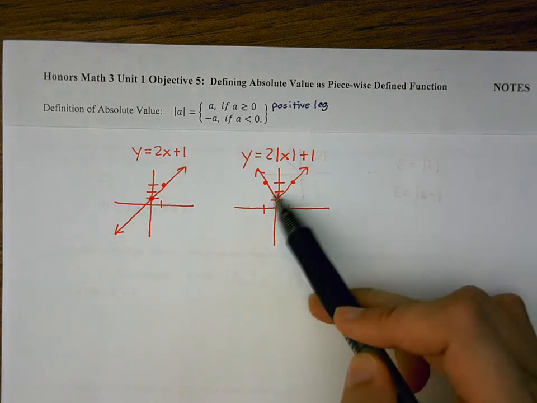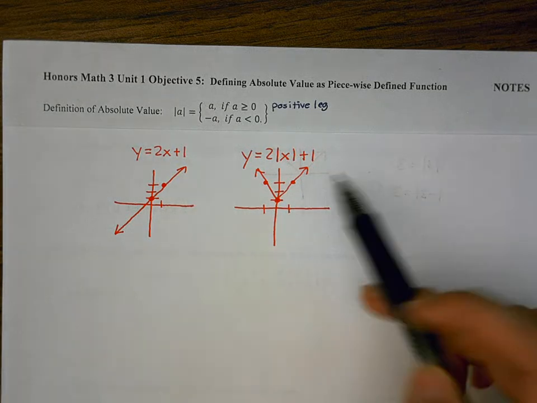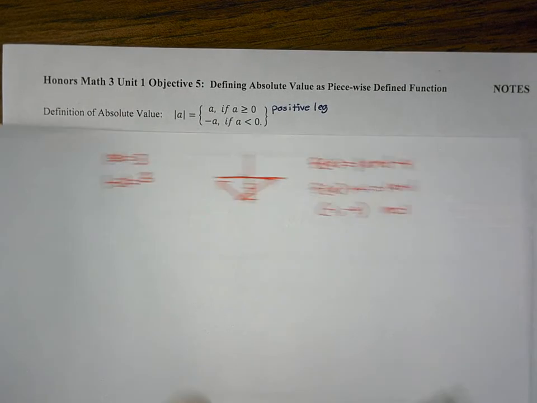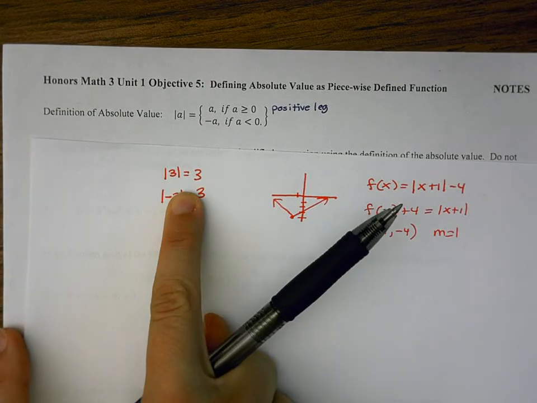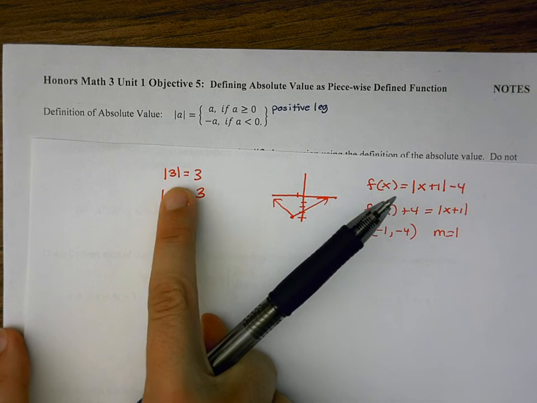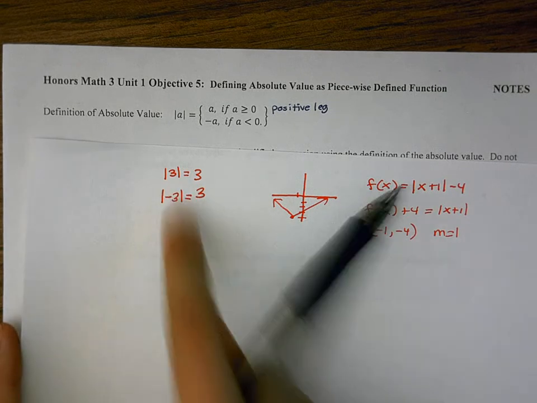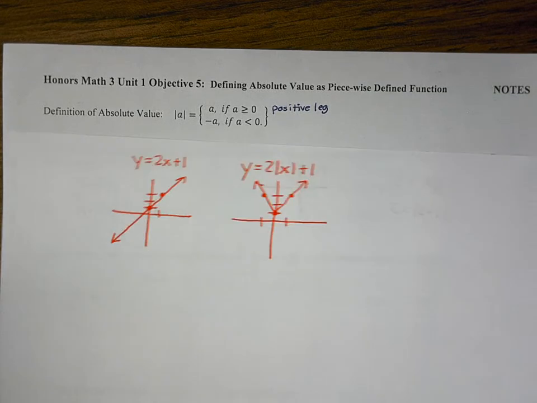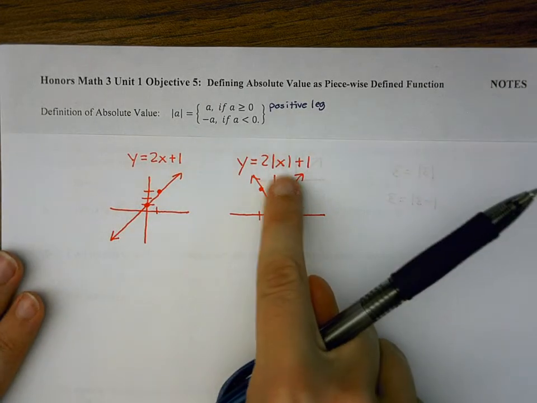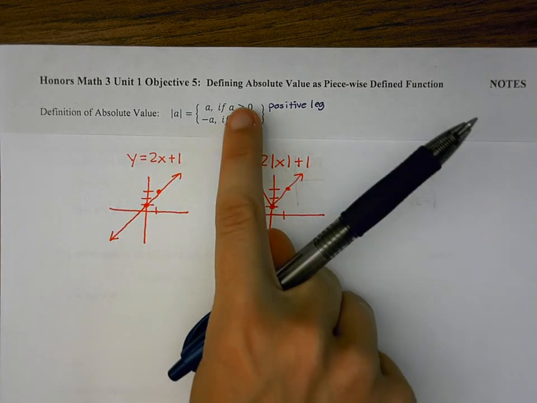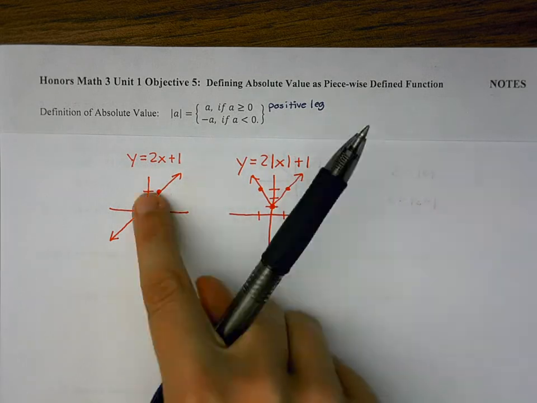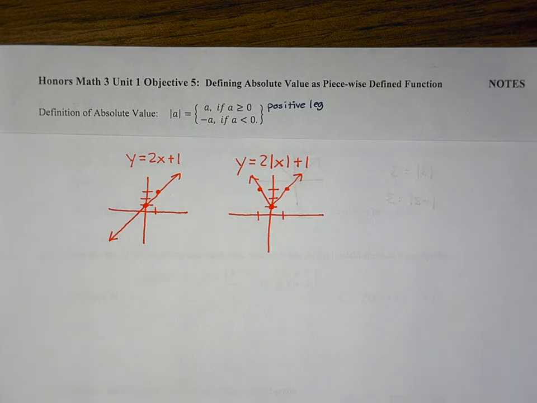And the absolute value bars didn't change anything about it, right? That would be like my absolute value of 3, where the absolute values didn't do anything. And so removing the absolute values would be just fine, right? It was the same graph anyway, so I don't need them. Same idea here, right? If I removed these absolute values for the positive leg, nothing would change. That right side of the y-axis, the graph would be exactly the same.